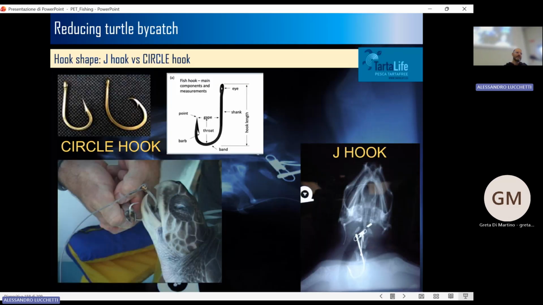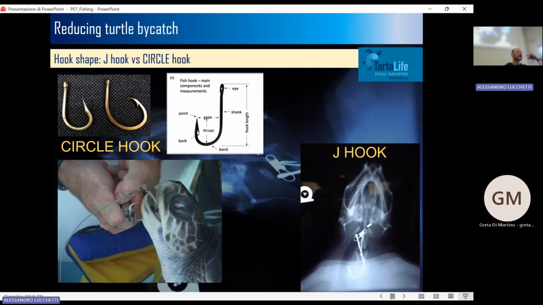You can cut the hook or you can change the shape of the hook from J to circle hooks, like this one. Turtles ingest the J hooks more easily than the circle hooks.